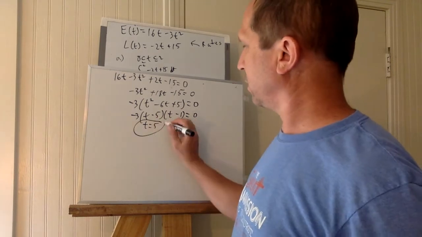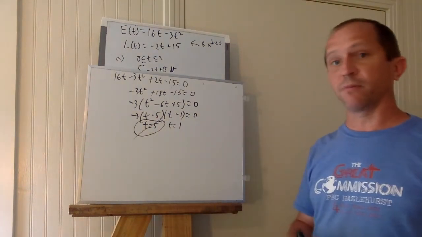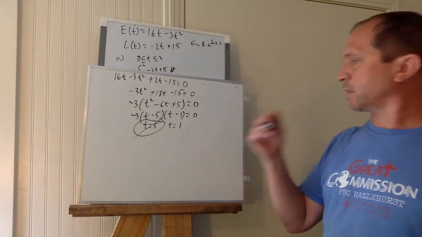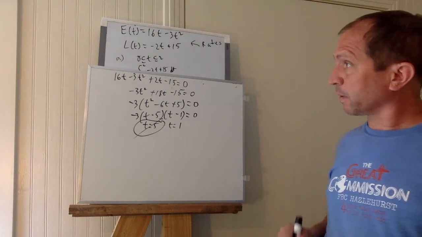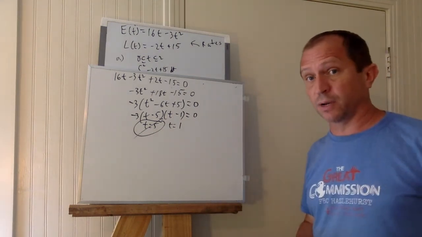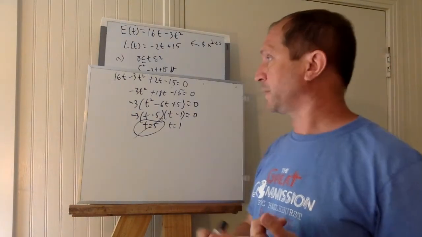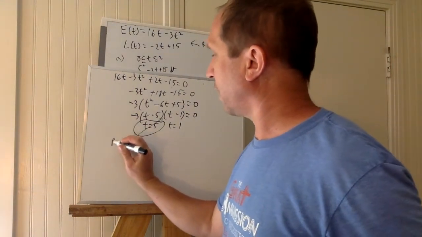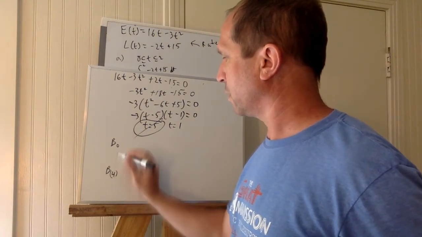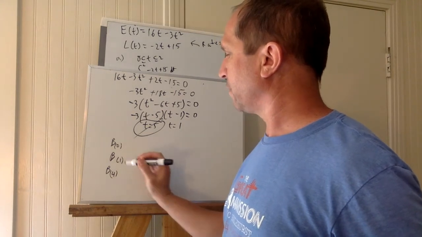Now we can rule t equals 5 out because it does not fit the window from 0 to 4 that we're looking for. So we start off with t of 1. There are 3 times that we're interested in. Remember, absolute extrema can exist at endpoints, which would be 0 and 4. So we want to know how many bees there are at 0, at 4, and also at 1.